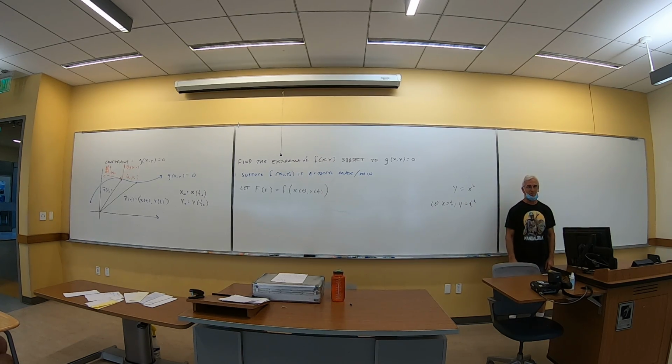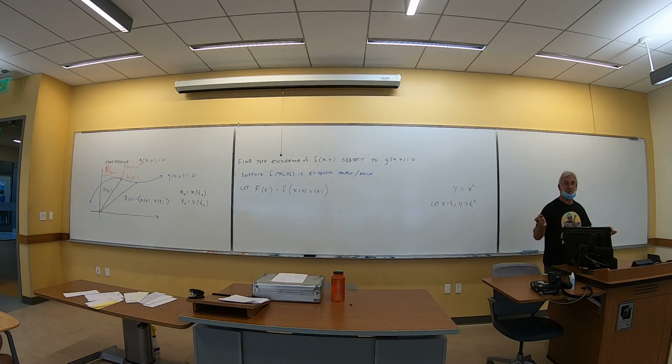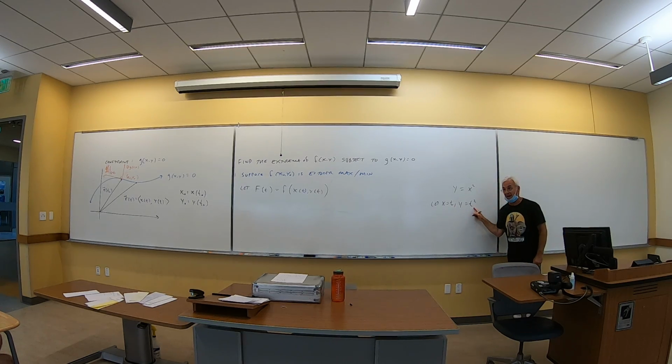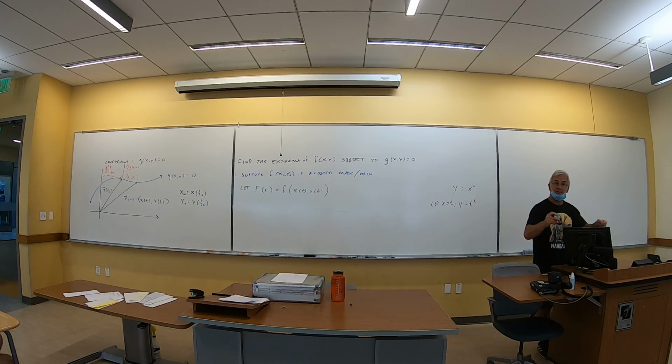Now x and y are both functions of t, and so everything I use is going to be a t or a t squared. That's how easy parameterization is in general. Pick one of your variables to be t, and then the other one is whatever the function of t is. I no longer have an x or a y, now I just have t's. I can do this for anything, even for things that aren't functions.